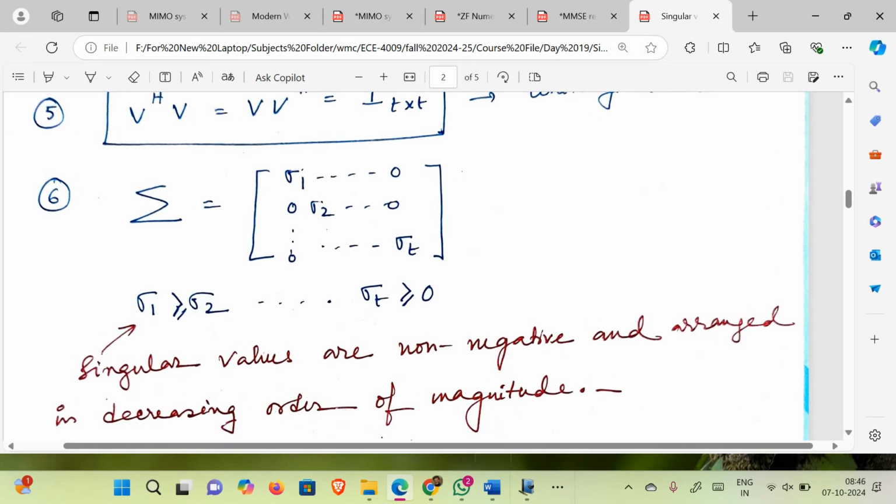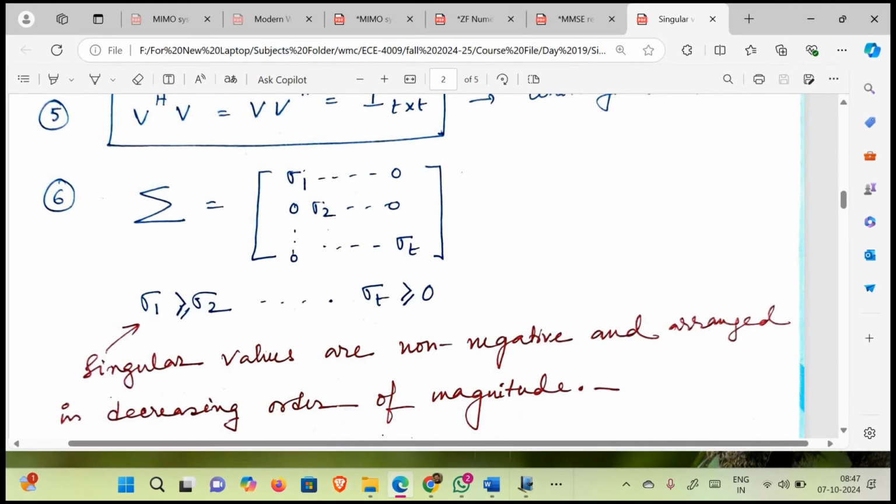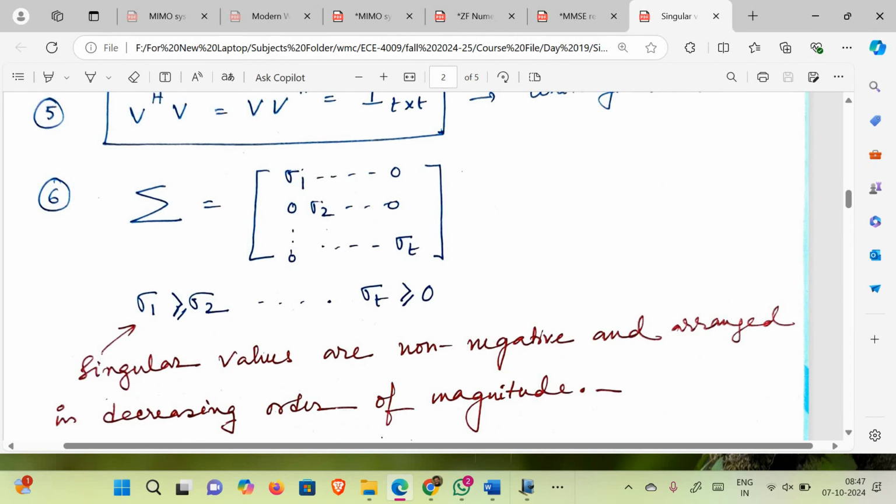this is the last part of it. Please make a note. I'll tell you what to note. The equation that you write is sigma equal to sigma 1, diagonally all the way to sigma t. In that, the property is that sigma 1 should always be greater than sigma 2.